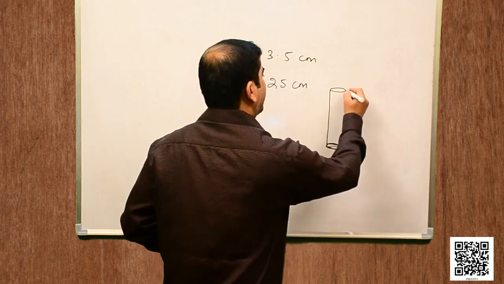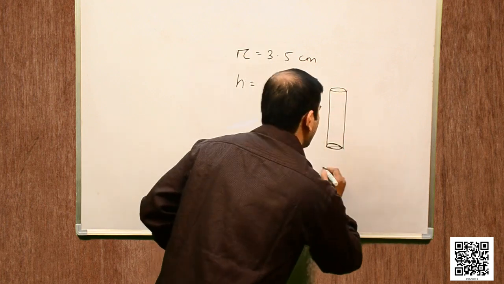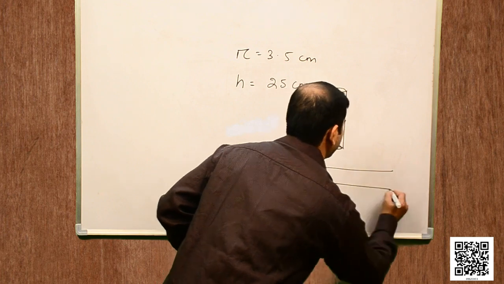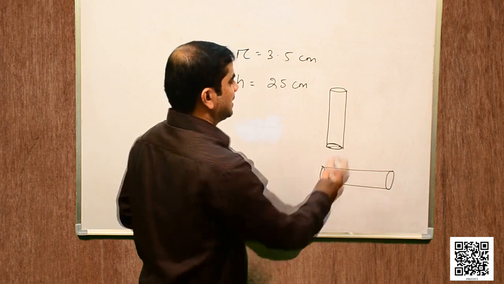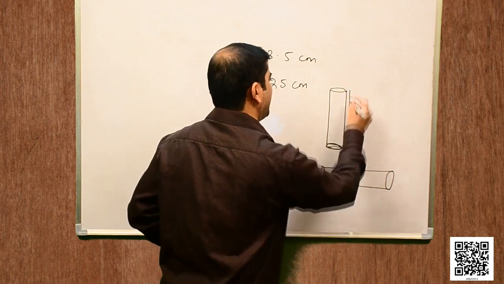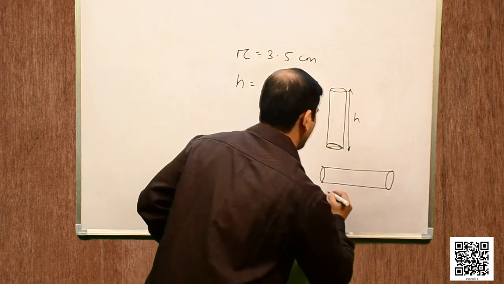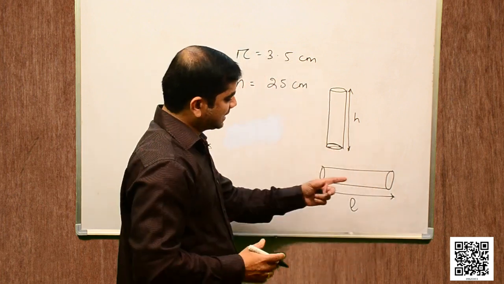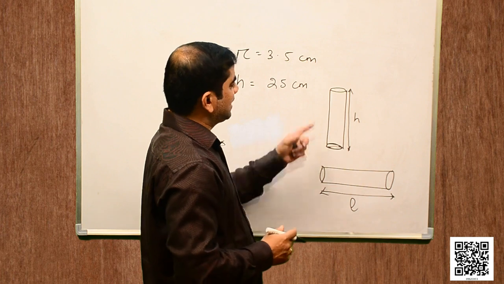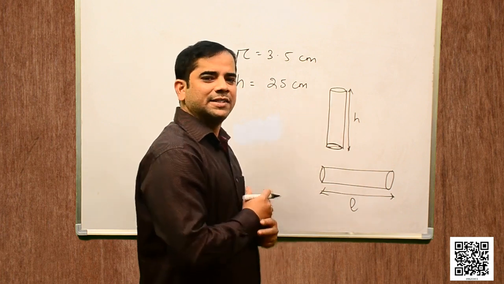If I make it lie down, it will appear like this, isn't it? That means which was previously the height now becomes the length. So as length is given, we can take it as the height of the cylinder.